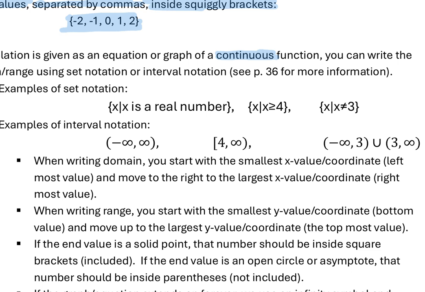We have our x, we have this little bar, and what this little bar translates to is such that. Mathematicians hate writing words. And then what we have is we have the condition. So for instance here, x is a real number. And then again, we have our squiggly brackets.